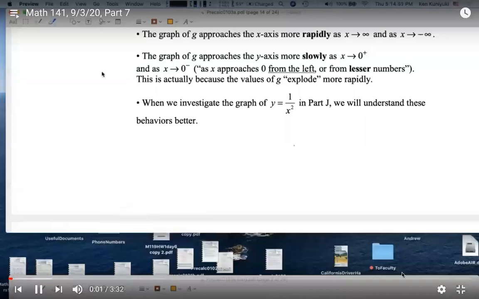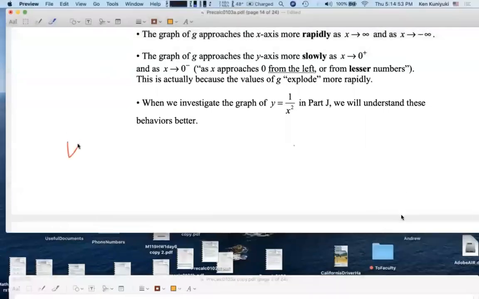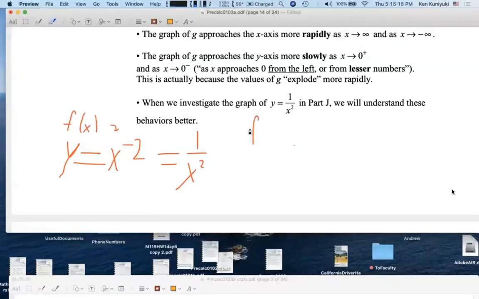How do you graph y equals x to the negative 2? How can you rewrite x to the negative 2? It's 1 over x squared. Now, if f of x is x to the negative 2, consider f of opposite of x.